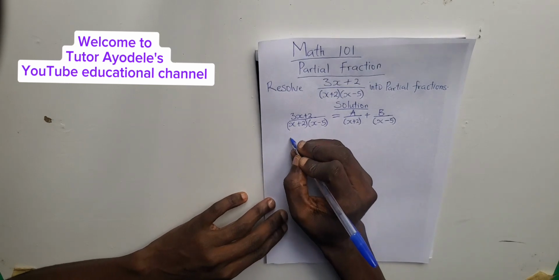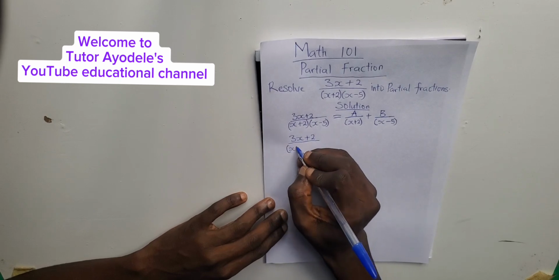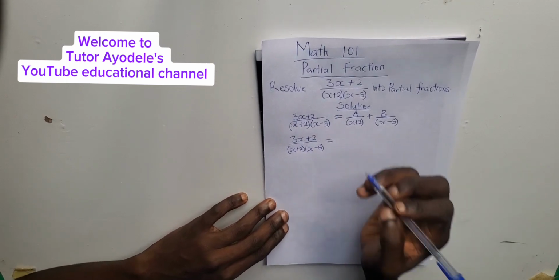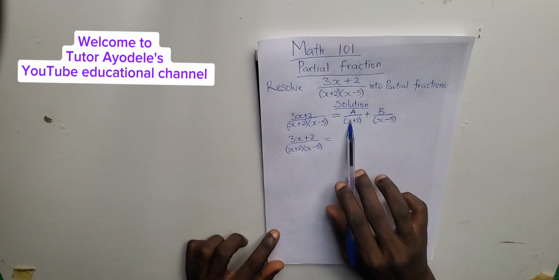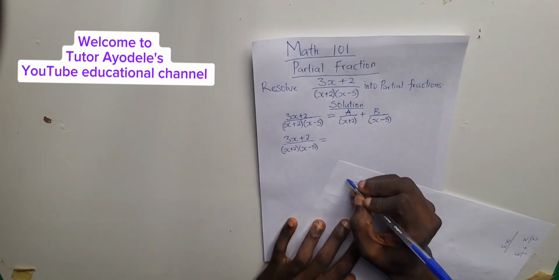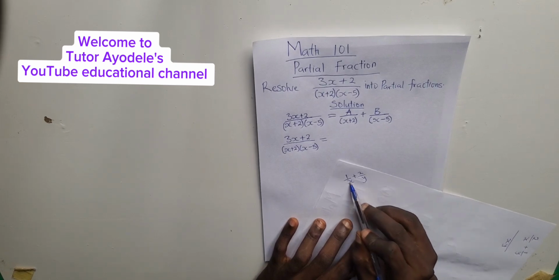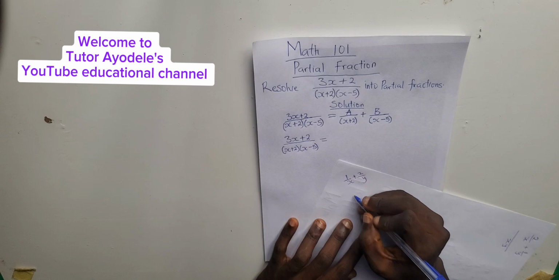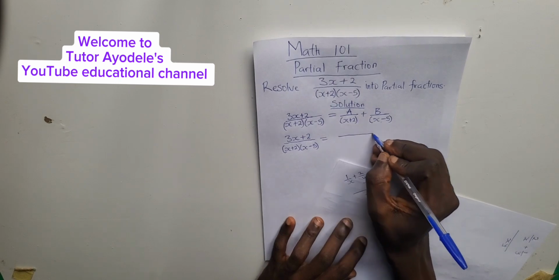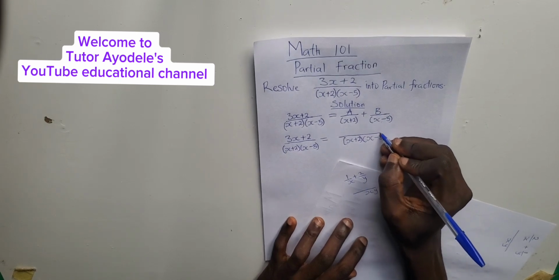We have (3x + 2) over (x + 2)(x - 5) equals... Now if I'm to find the LCM of this and this, if you remember in mathematics, if I have 1 over x plus maybe 2 over y, I will multiply them together. The LCM of x and y will be xy. Likewise, I will multiply both of them together, which gives me (x + 2)(x - 5). So that is the LCM.